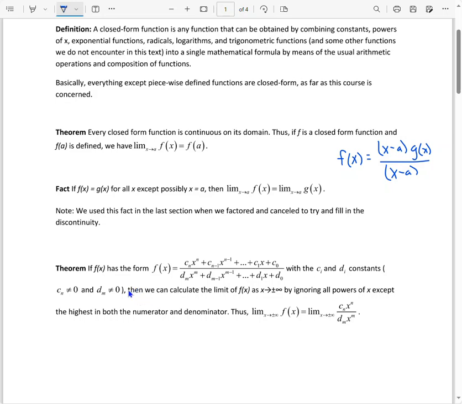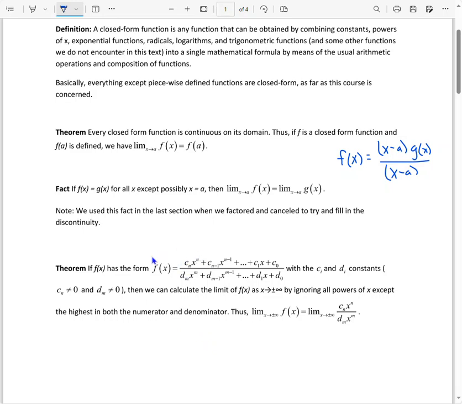Theorem. All right, so these are all the details, and we're going to do examples. If f of x has the form of one polynomial of degree n divided by another polynomial of degree m, just polynomial over polynomial, we can calculate the limit of f as x goes to plus or minus infinity by ignoring all powers of x except the highest in both the numerator and denominator.